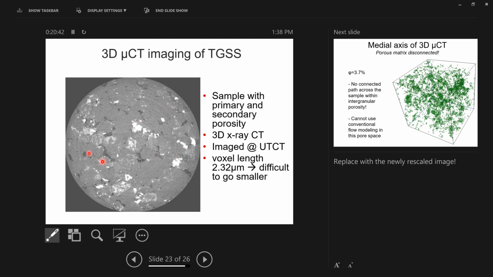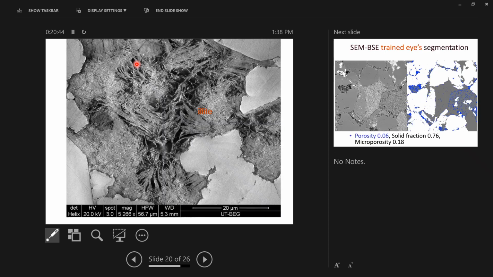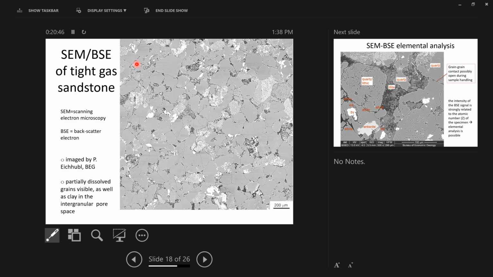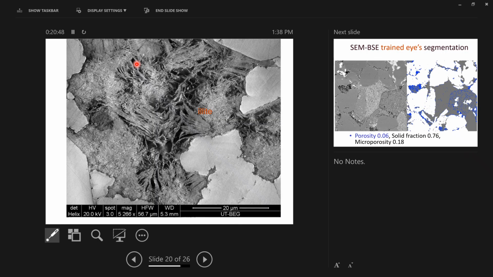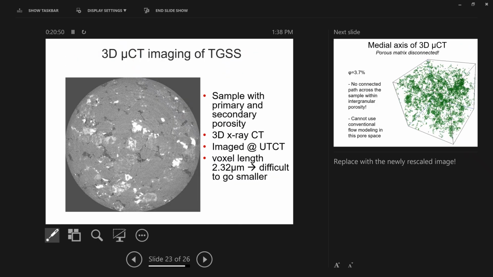So here's the 3D CT image through this, okay? And this is just to compare how it looks. It's extremely hard to see; all of the thin grain boundaries are gone. The noise has essentially swallowed them.